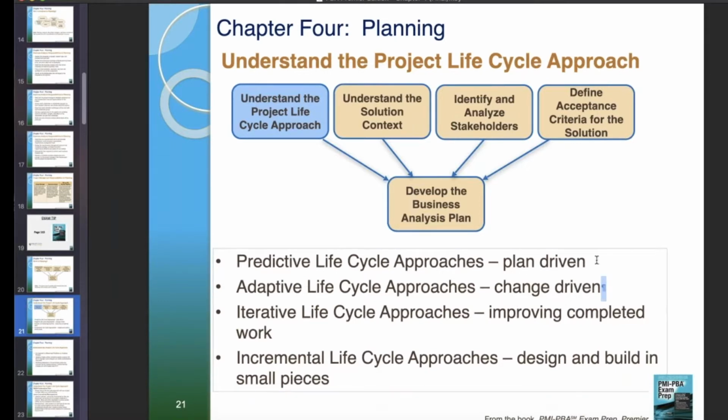And I'm going to put that after each other, the work, because that's worthy of remembering. Iterative lifecycle approaches, improving completed work. Incremental lifecycle approaches, design and build in small pieces.